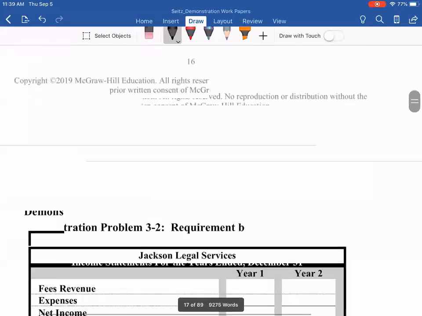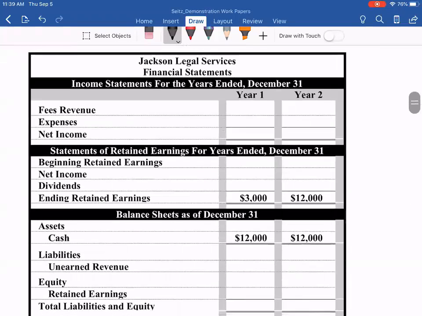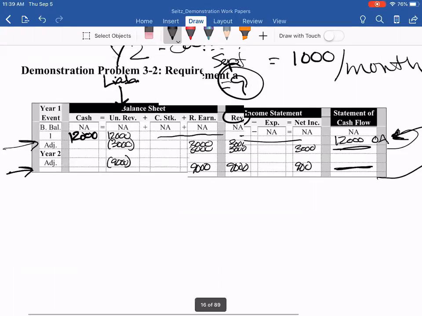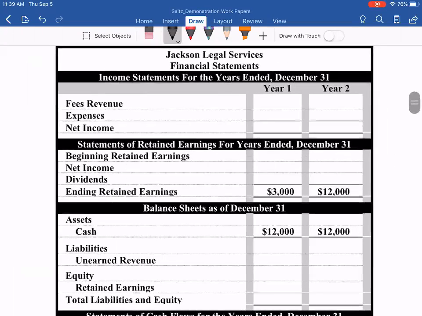So the next thing that I want to do is prepare some quick and easy financial statements based on this one transaction. And so the amount of revenue earned in year 1, here's year 1, here's year 2, there are no expenses, would be $3,000 in year 1 and $9,000 in year 2, because of the different time periods and matching.